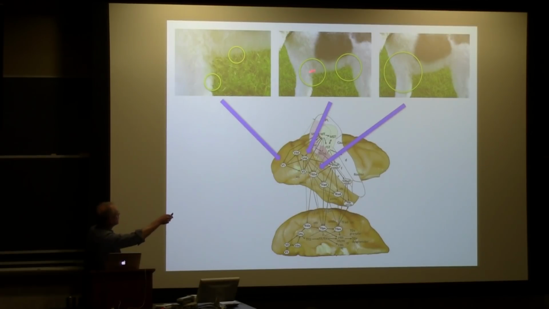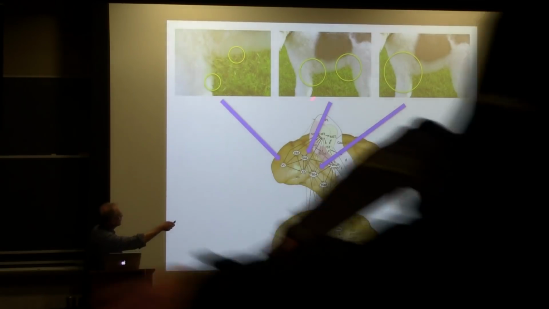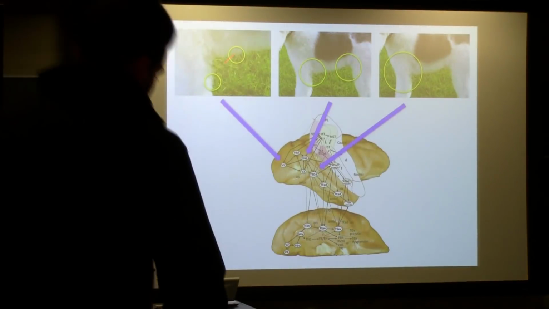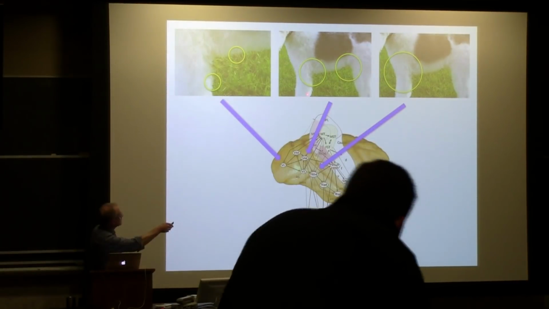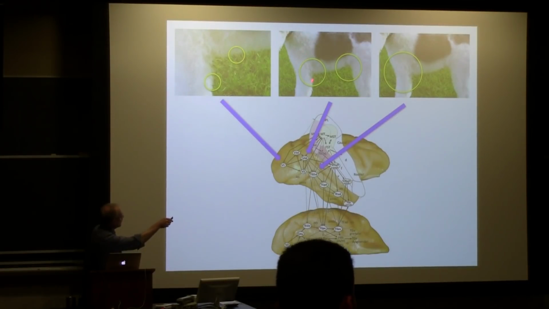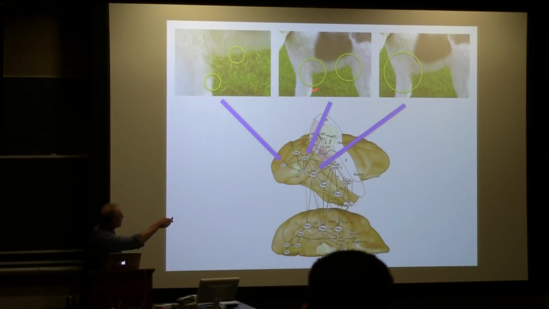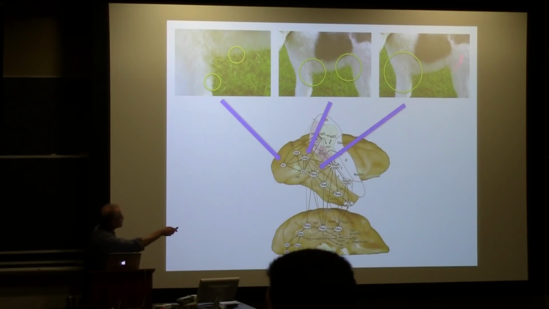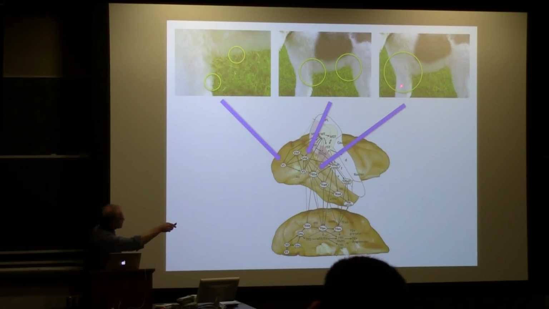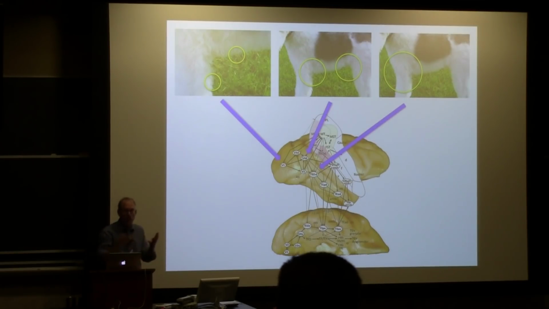So frequently in natural images, their receptive fields, which can be on the order of 10 or 15 degrees of visual angle, are going to encompass not only a single orientation or a couple of orientations. They'll encompass completely different parts of a shape.